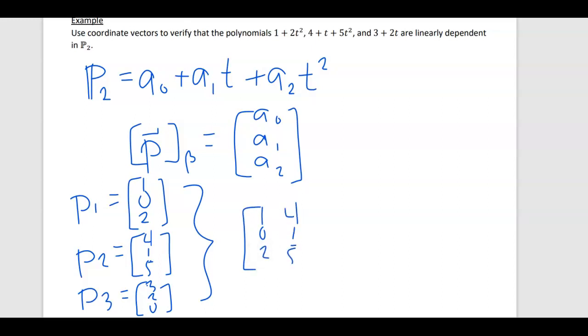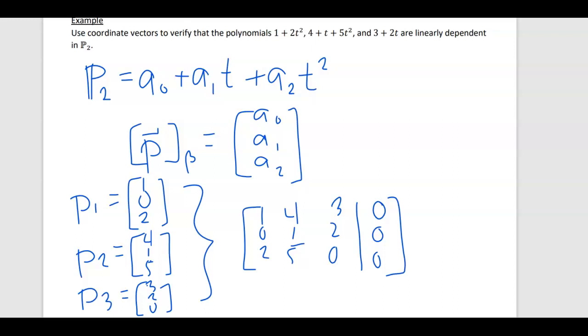And then a quick reminder that those three columns will be linearly independent if this times x is 0 only when I have 0 as my solutions.